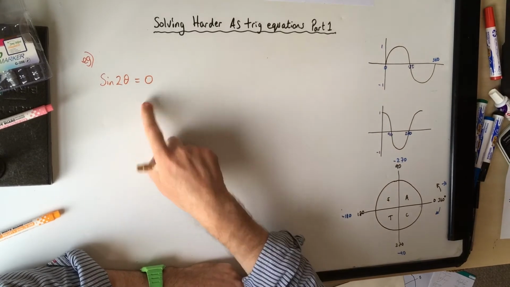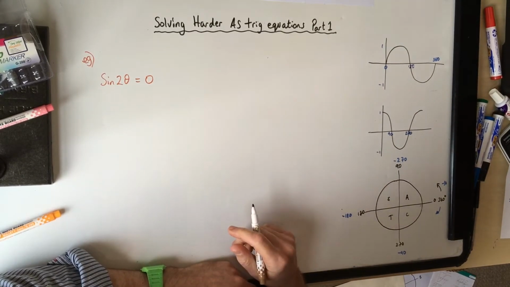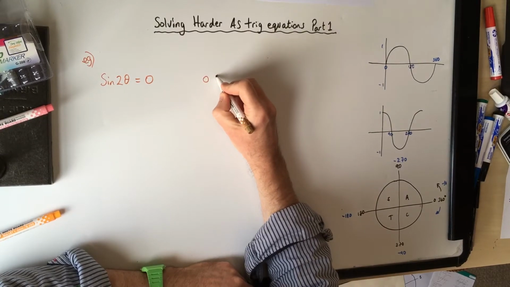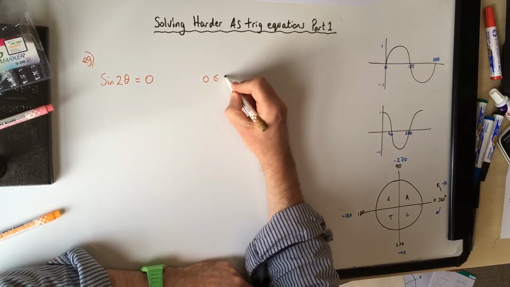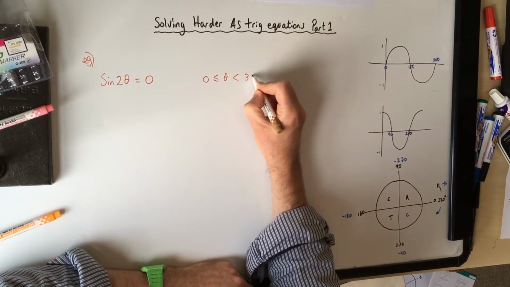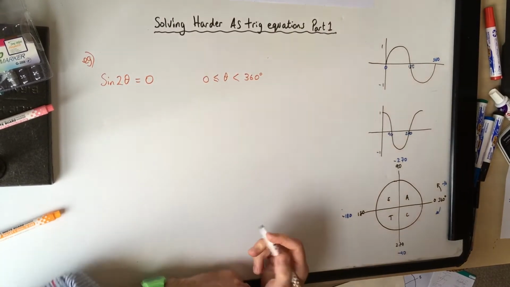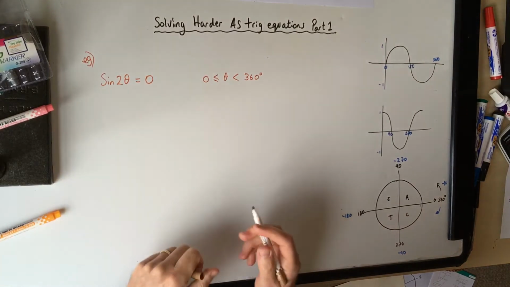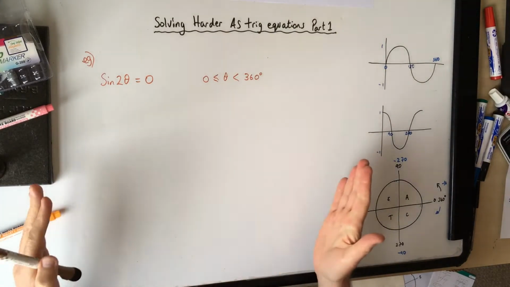I'm going to keep it simple so I can work out the numbers easily. I'm going to give a range that I want to solve. You'll always see this: theta between 0 and 360 degrees. So the sine of 2 theta, remember, has that squash.